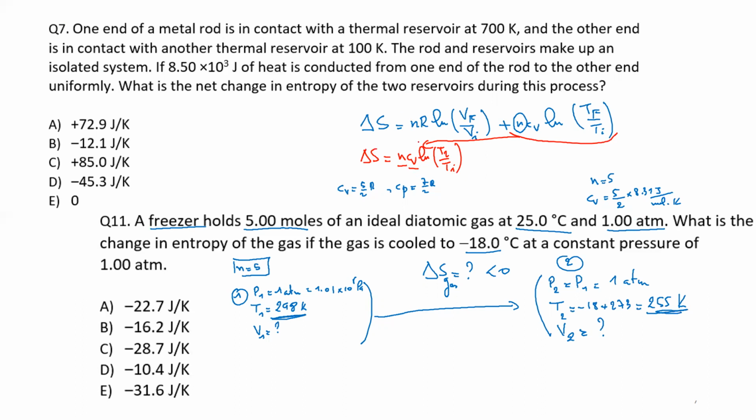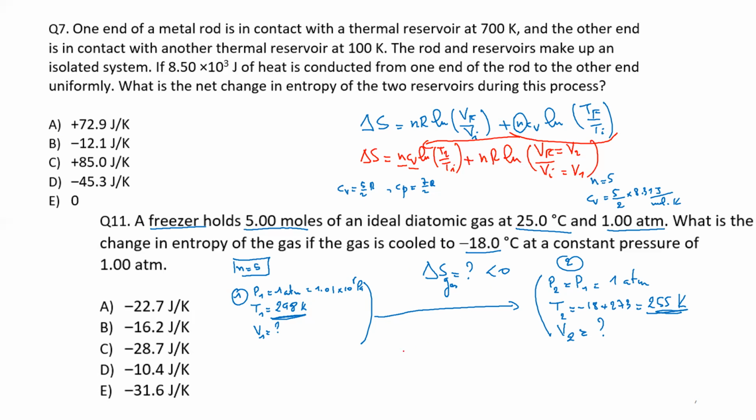Now the second part is this. I know N, I know R. Now I need to know what is V final divided by V initial. What is V final? By the way, it's V2. What is V initial? It's V1. So I need to get the ratio of V2 divided by V1.